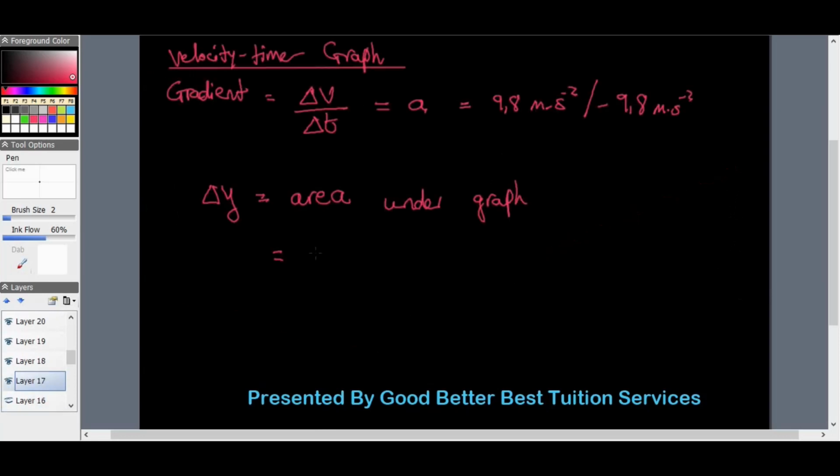So it'll be the area of a triangle, which is equal to half base times height, and you'd get your answer in meters for displacement. So that's how a velocity time graph works. The gradient gets you acceleration, and the area underneath the graph will give you the displacement. And that's for the vertical downward motion.